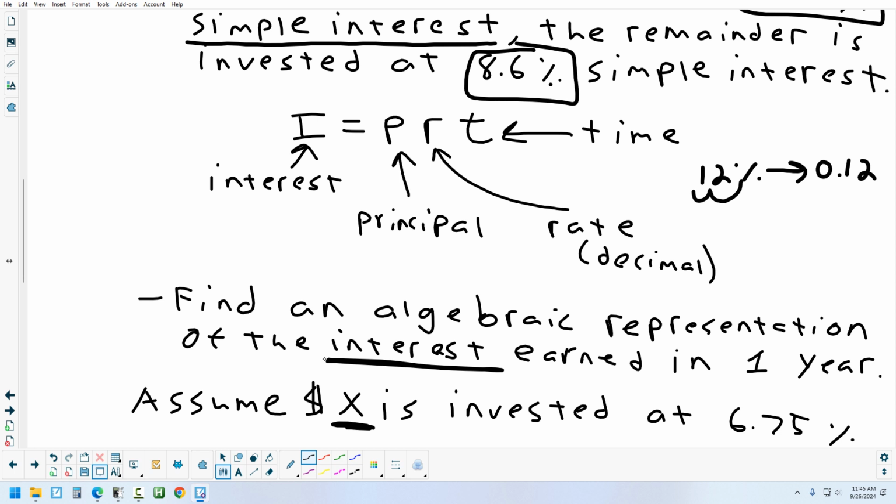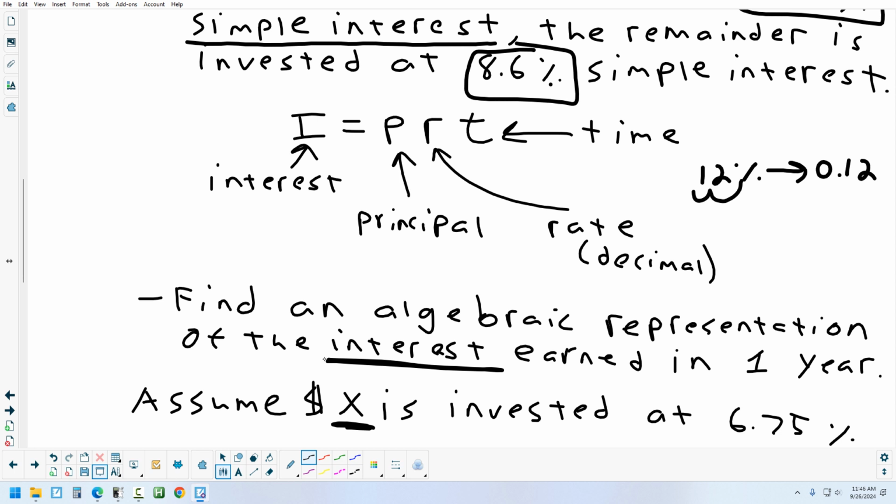Okay, so the first thing we want to remember is how many different investments is Bill going to split his money up into? Yeah, two. Okay, he's going to split his money into 2 investments. So what we want to do is find the interest he earns in the first investment, then find the interest he earns in the second investment, and then we'll find the total.